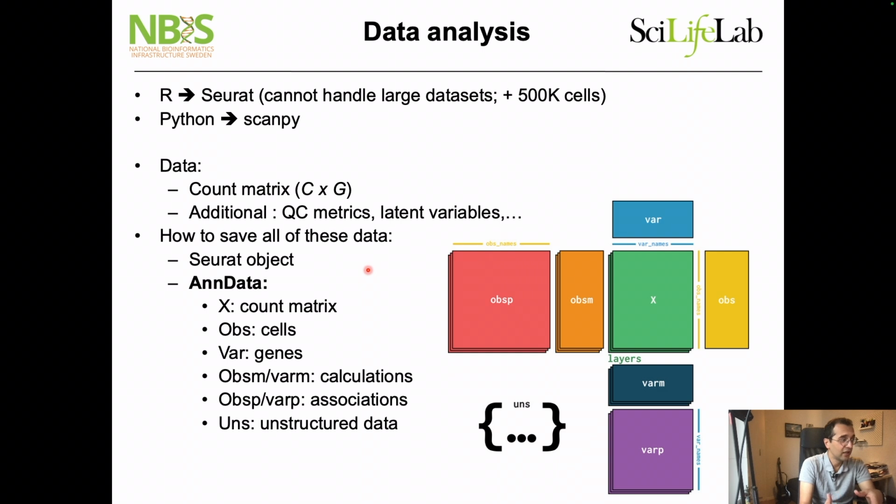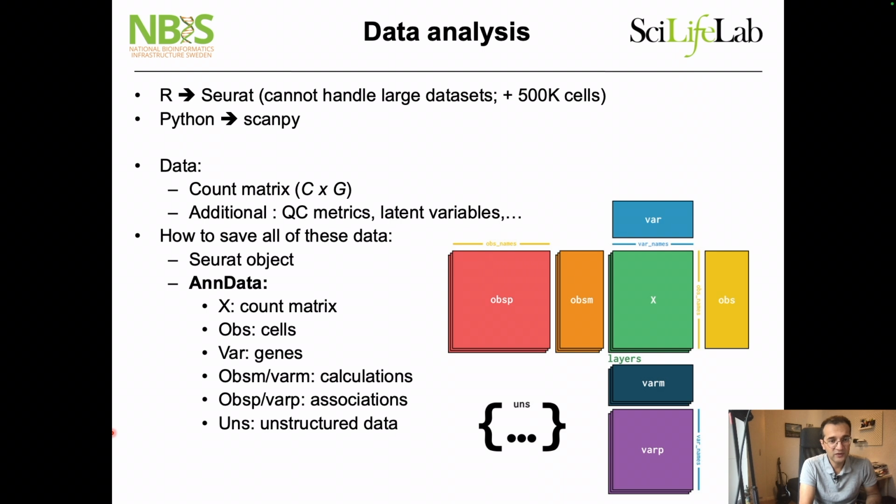And you have the X matrix, which you see here. You have the number of observations, which are cells, and then the number of variables, which are genes. And in each of these axes, you can have extended information in different slots. So for example, you have the metadata variables and multi-dimensional calculations like dimensionality reductions such as PCA, t-SNE, and so on.